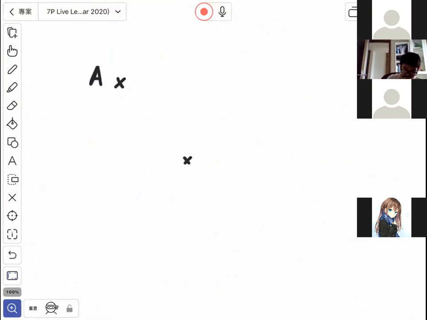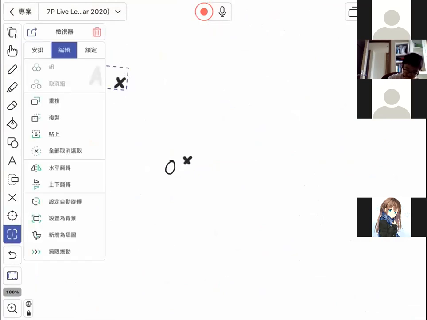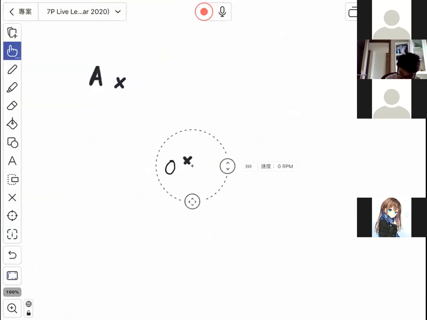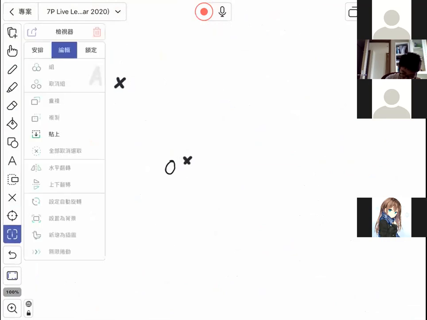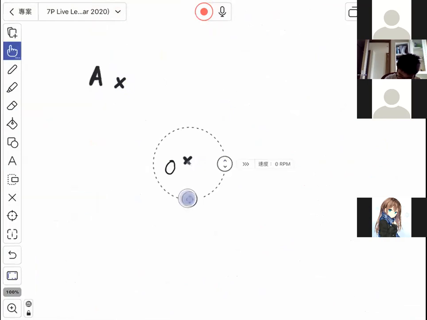Here I want to let you see this. For example, I want to rotate A about O. So what will you see? You will see something interesting. Okay, like this.